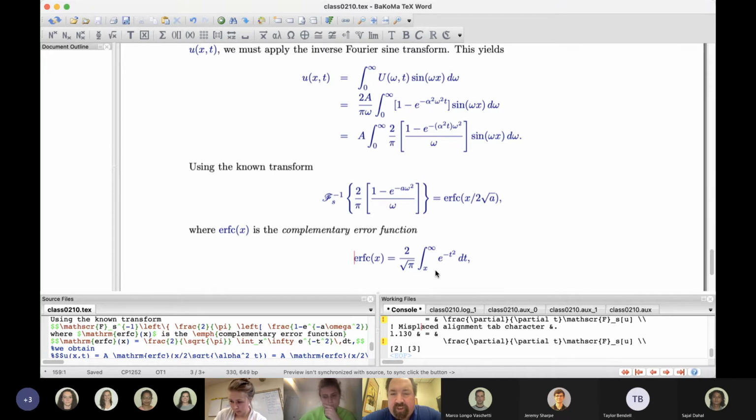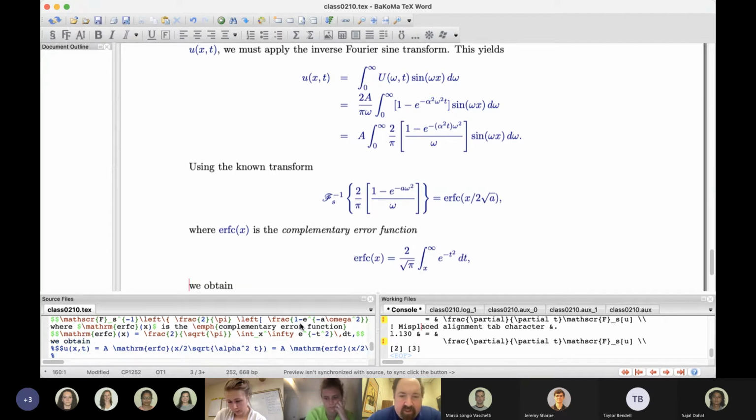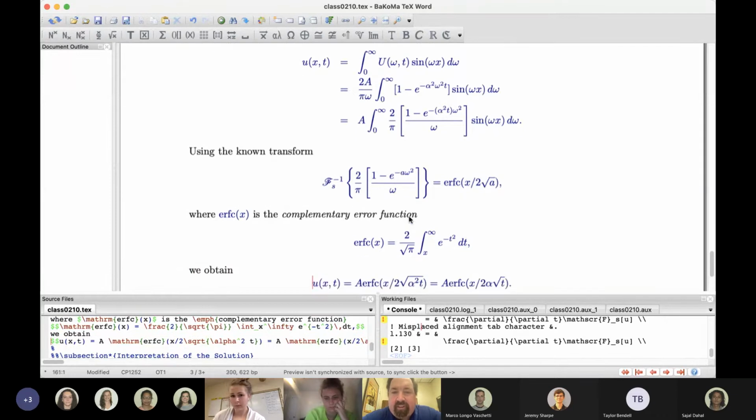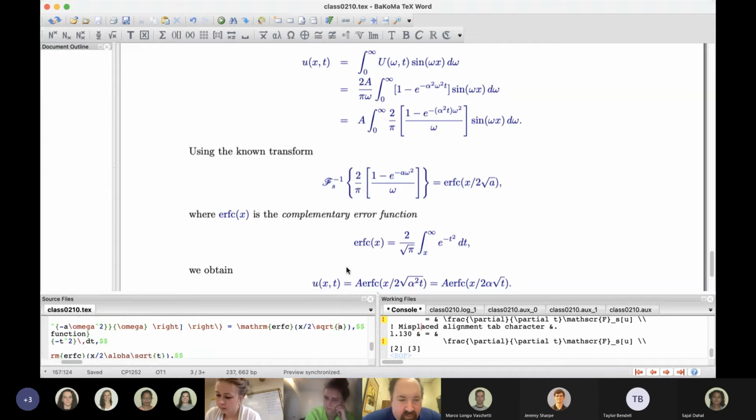There's no way to express this antiderivative in terms of elementary functions, so we just leave it as an integral. And the transform of this is not the complementary error function of x, but x over 2 times the square root of a, and that whole thing belongs in the denominator. I want to be clear about that.